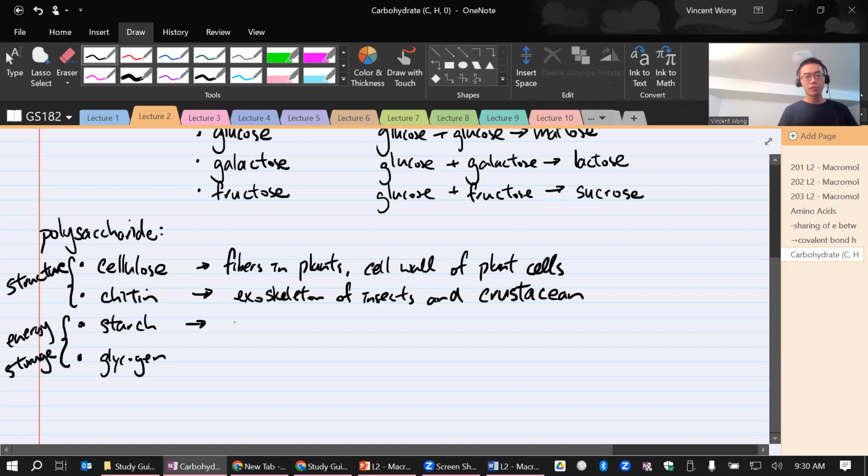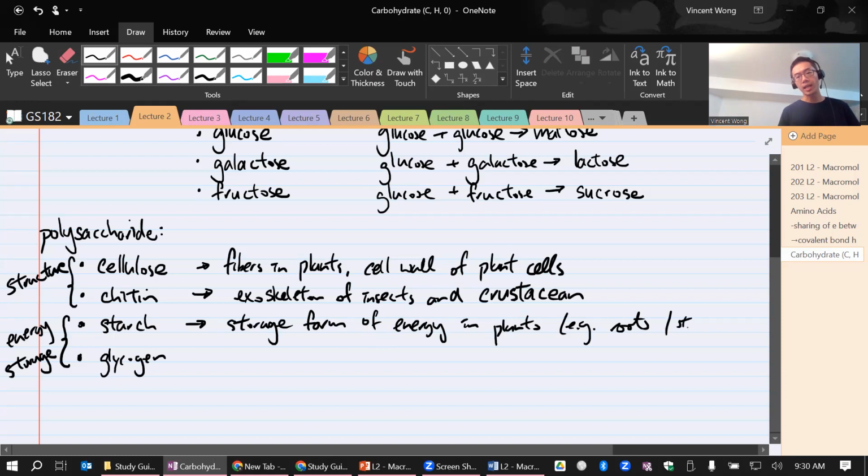Starch is storage form of energy in plants. You will find them in roots or stem.